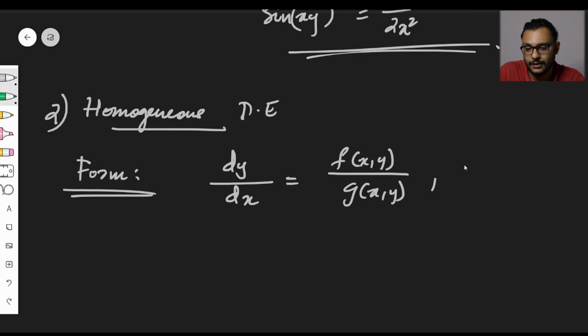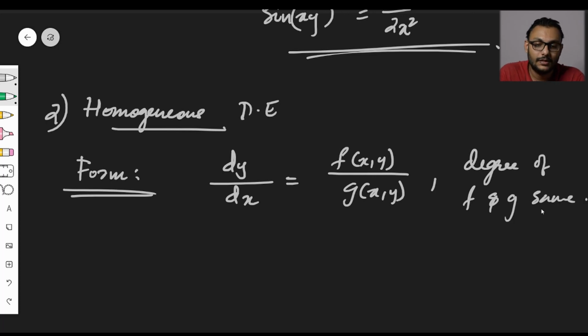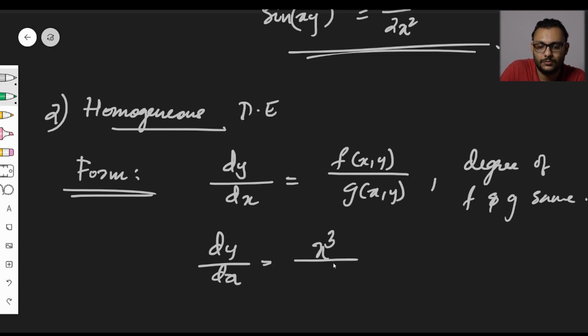Keep in mind that the degree of f and g should be the same. Then only can we say that this is a homogeneous differential equation. For example, if we encounter a problem such that dy by dx is equal to x cube by xy, is that a homogeneous differential equation?